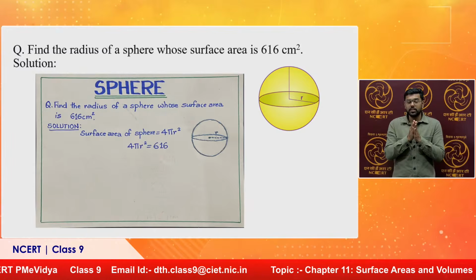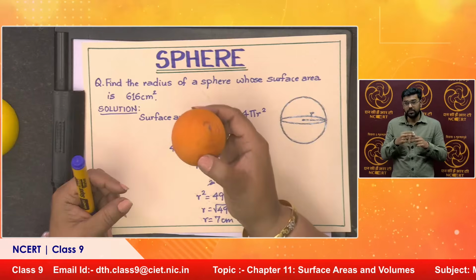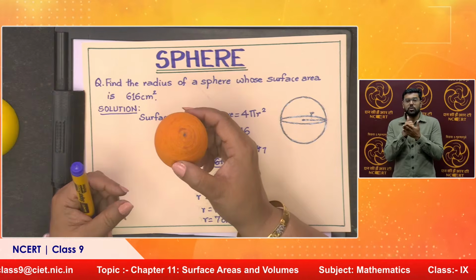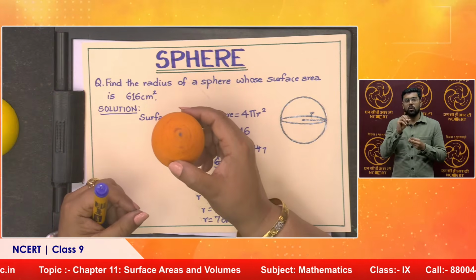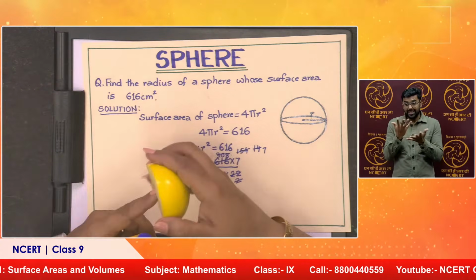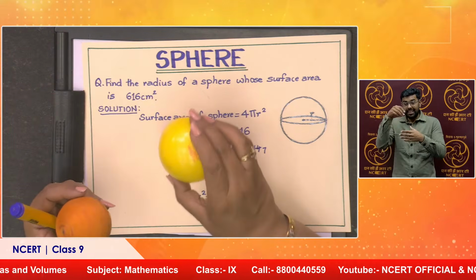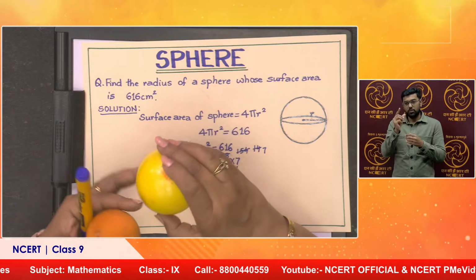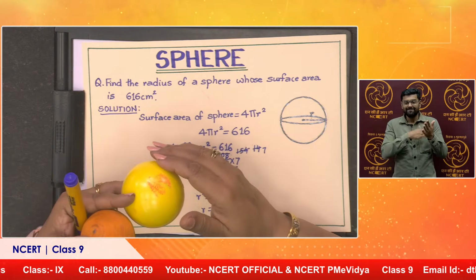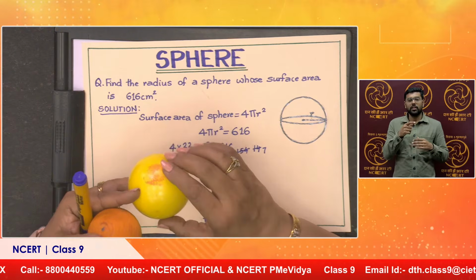And if I am to find out how much wood has been used to make this ball, that will involve calculation of volume. So, how much content is there, how much material is there inside will speak about the volume, and how much paint is required to paint this is known as the surface area.